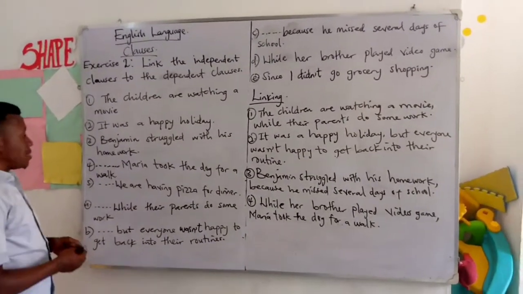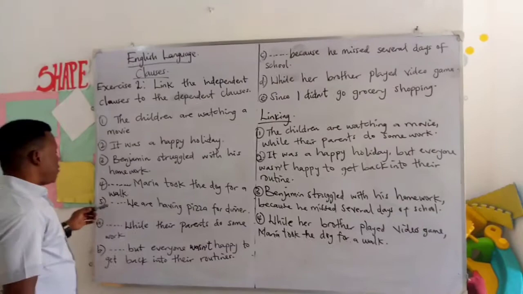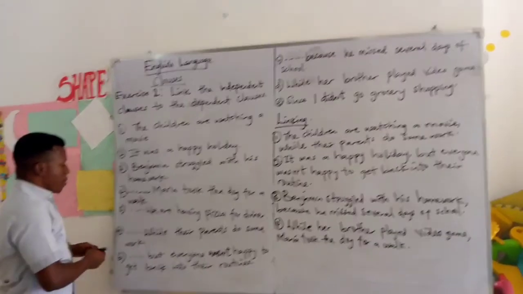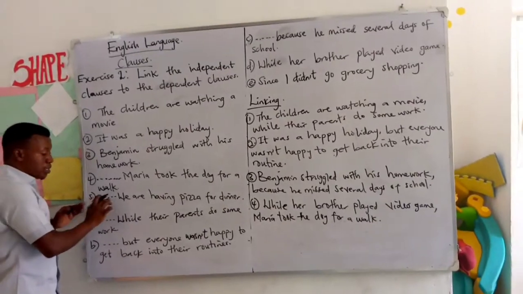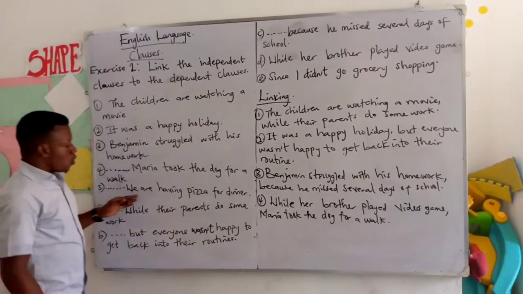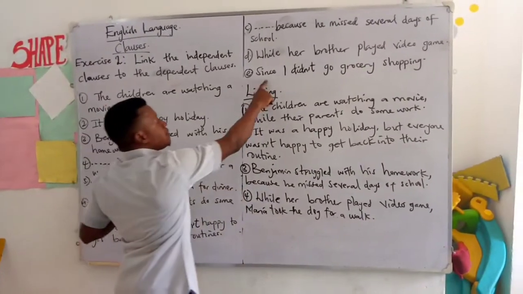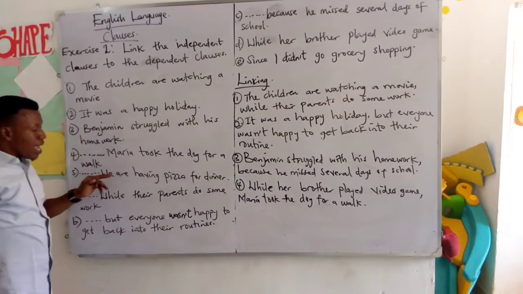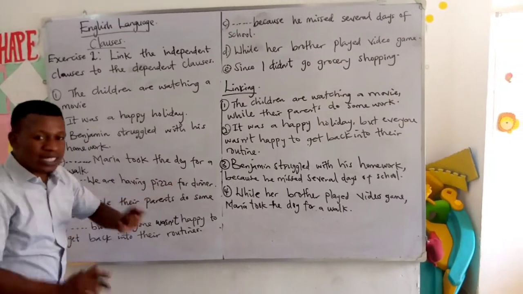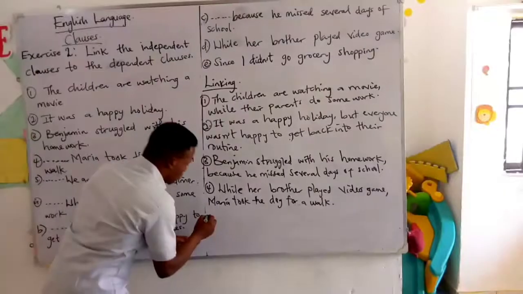Now let's look at the last sentence, 5 and E. Remember I said there are words here before this. So it's going to be, since I didn't go grocery shopping, we are having pizza for dinner. Can you see that?